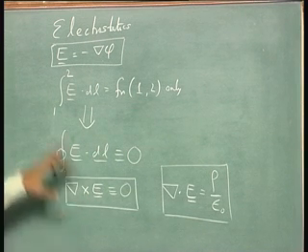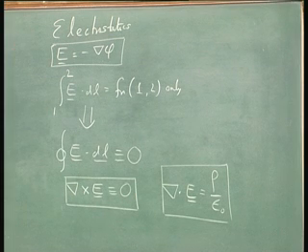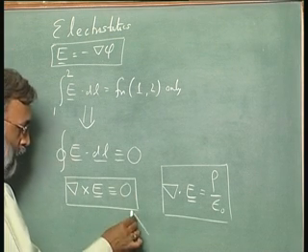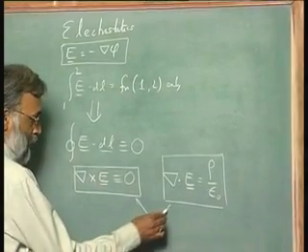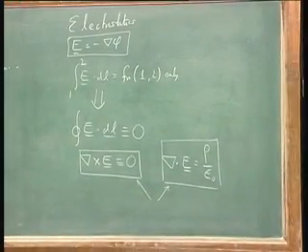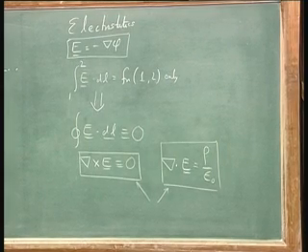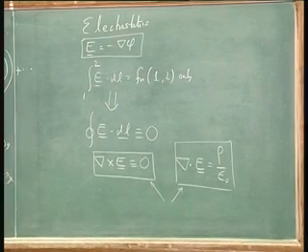So, you can see that in electrostatics we have got two equations. We have got an equation saying curl of E is 0, and we have got an equation saying divergence of E is rho over epsilon. And we also know something else.